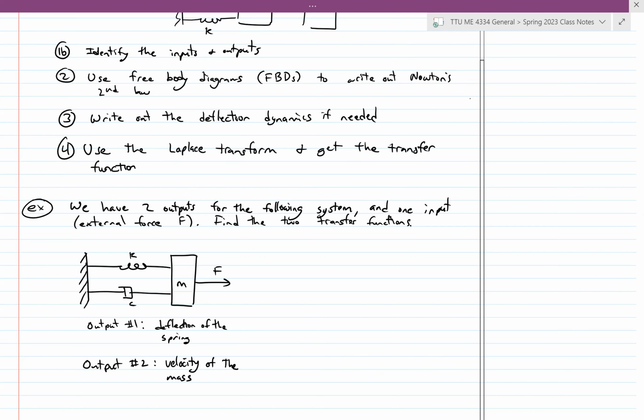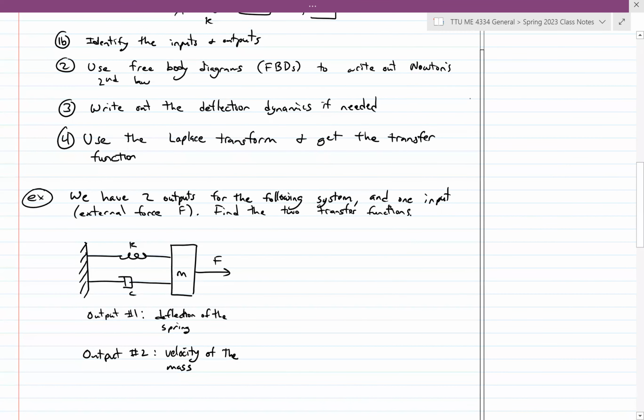So let's start out with step number 1 here. Step number 1 usually just involves taking this figure, redrawing it if you need to, though that's not always necessary, especially depending on how much time you have. And then we're just going to start labeling things.